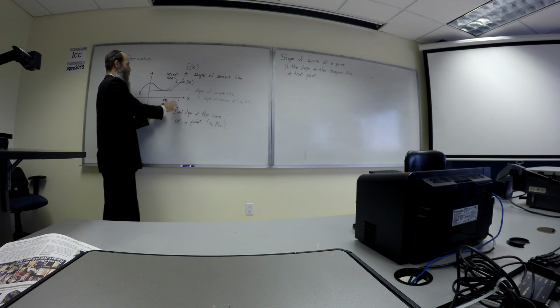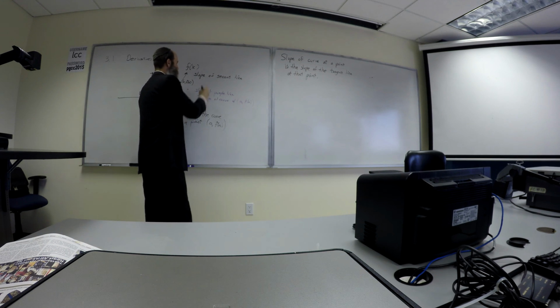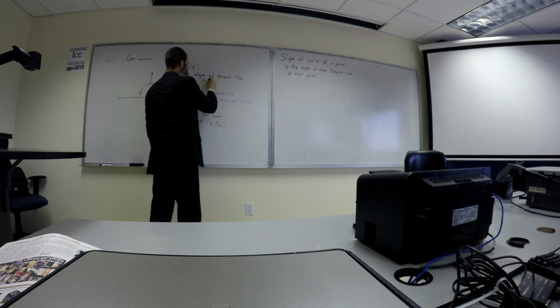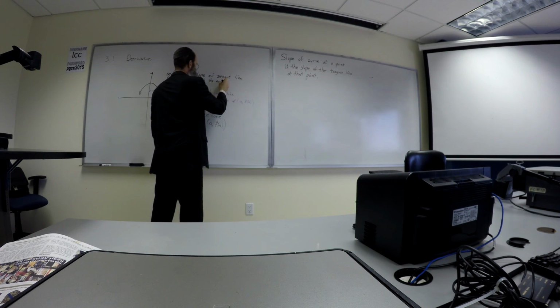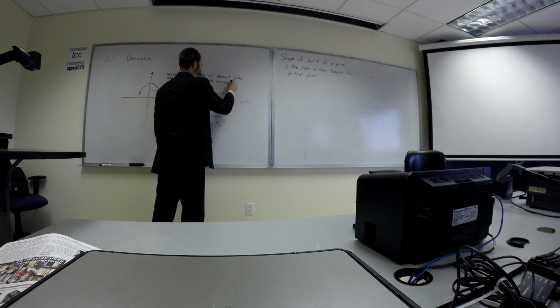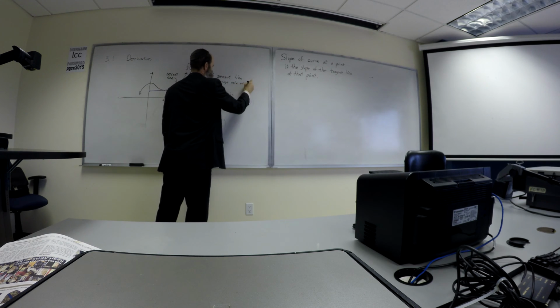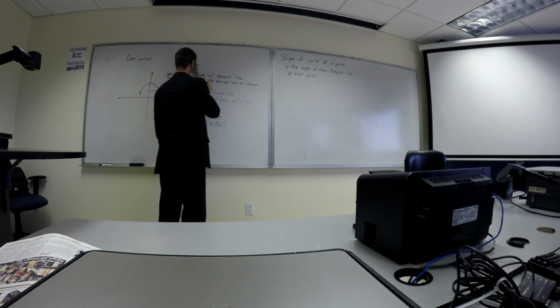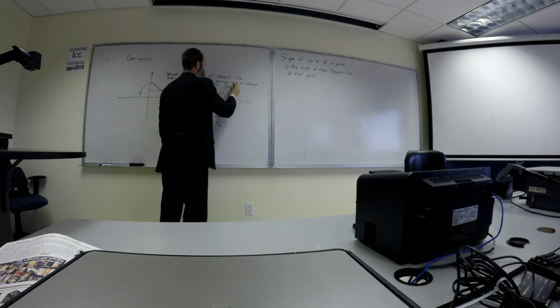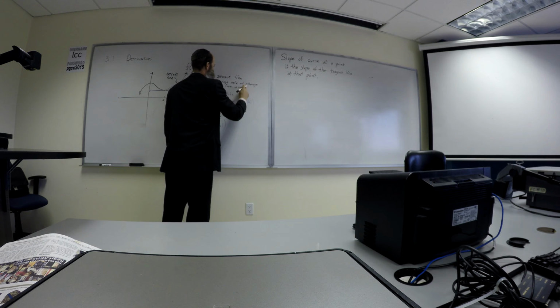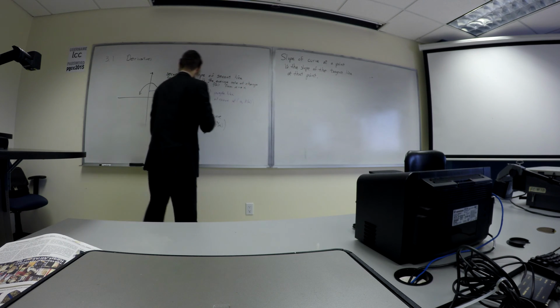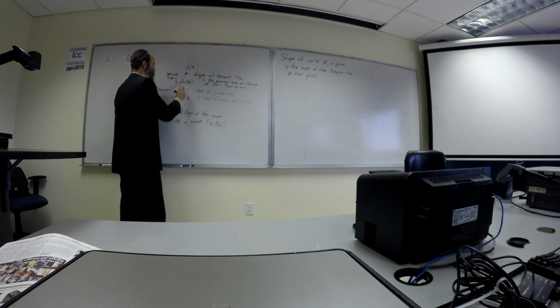X is some value away from A. Slope of secant line is the average rate of change of f of x from A to x, whatever you want to call it. Maybe I'll call it b. Just pick some value here.